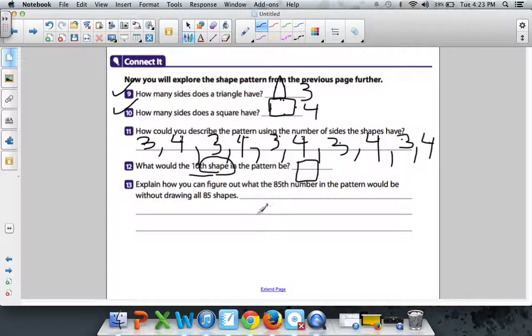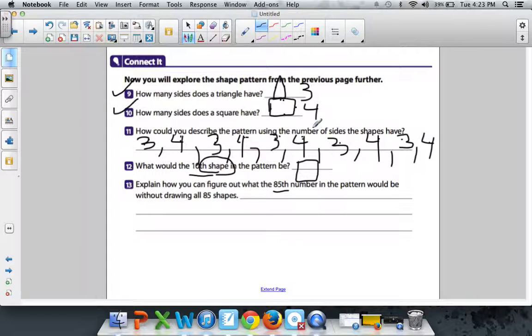Square. Explain how you can figure out the 85th number in the pattern would be without drawing all 85 shapes. Well, wow. They want to know what the 85th number is. And to find the 10th, we drew 10. But can you imagine drawing 85 of those?